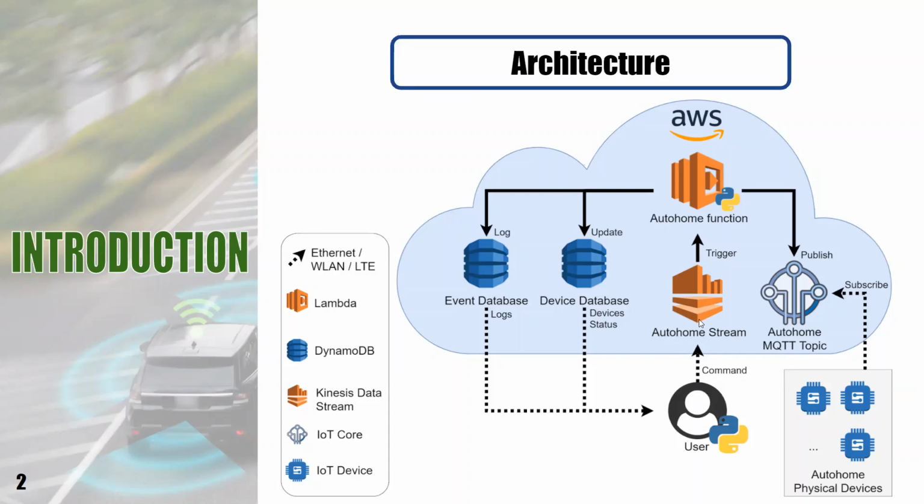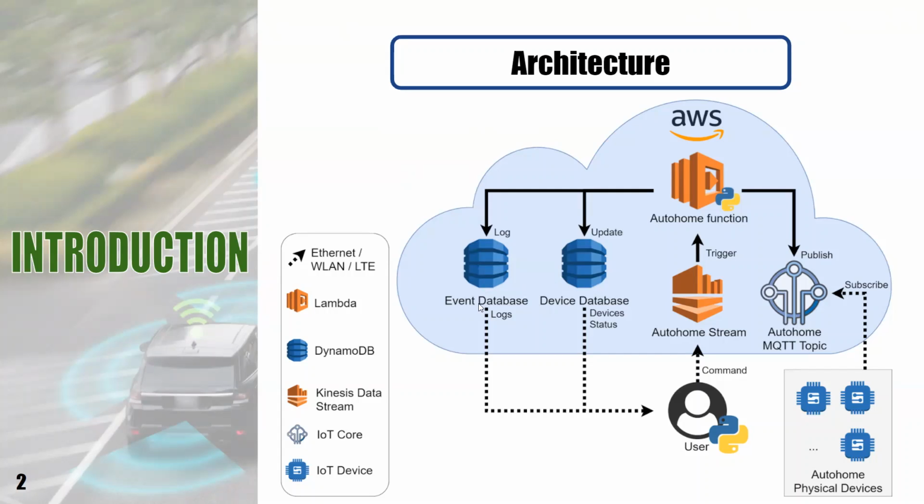This is run by a Kinesis data stream, which triggers a Lambda function that I call the Autohome function. This function recognizes my command and splits the message. After analyzing the message, it updates two DynamoDB tables.